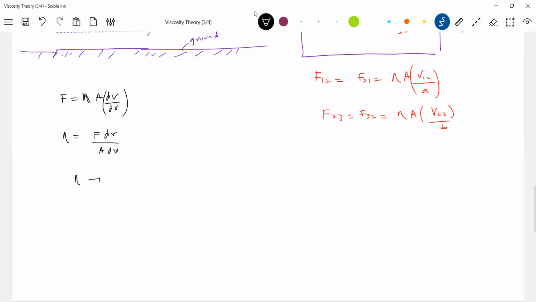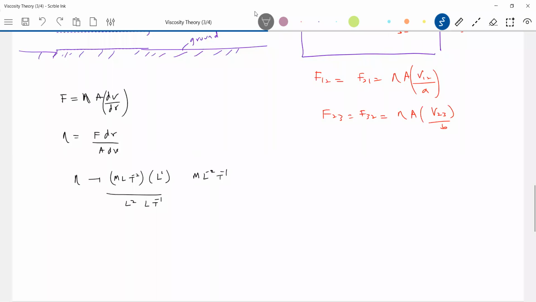The dimensions of force are M L T minus 2. dr will be L, area will be L square, velocity will be L T minus 1. So what do we get? M L minus 1 T minus 1. Okay, fine. What is the unit you can suggest finally?